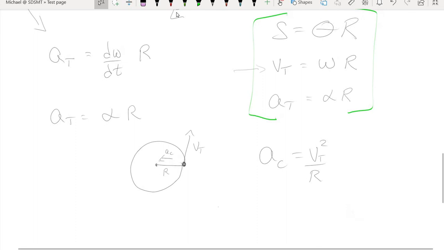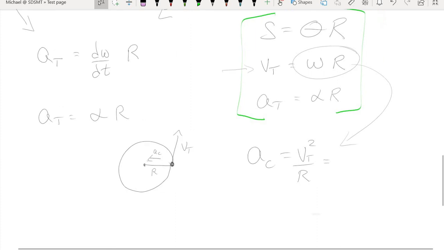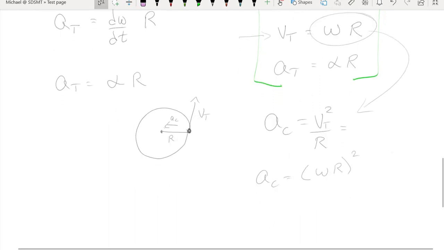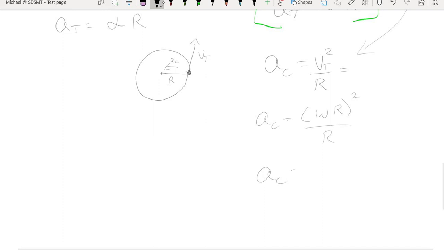If we know the speed that we have tangent to the path of the circle at any moment, we can use that to solve for the centripetal acceleration. I'm going to use that tangent velocity expression as a substitute for v sub t. So we have v sub t squared, so we need to square that. It's all over r. And so that means that the centripetal acceleration could be described as omega squared r.